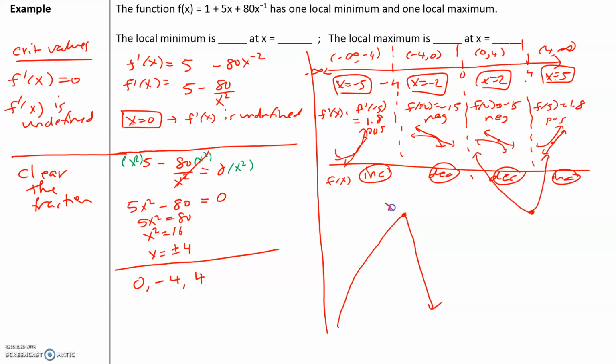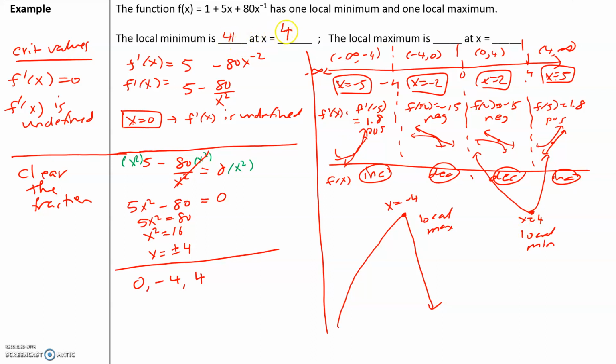So this point, x equals -4, is going to be our local maximum. This point, x equals 4, is going to be our local minimum. So our local minimum is at x equals 4, and the local minimum value is 41.